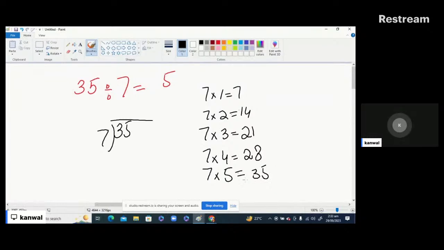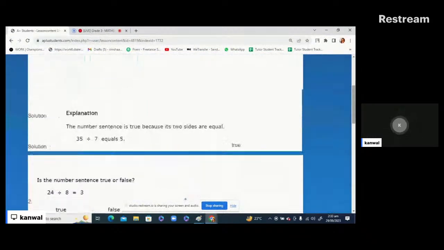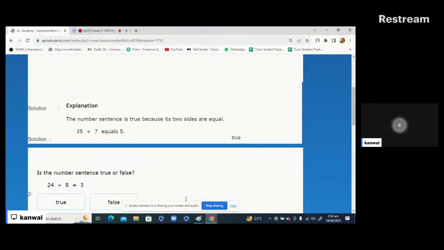So which number gave us the answer? 35. 7 times 5 is 35. Then you subtract it, then you get the answer 0. It means that this is true. So we check that it is a true statement, and then our answer is true. Okay.